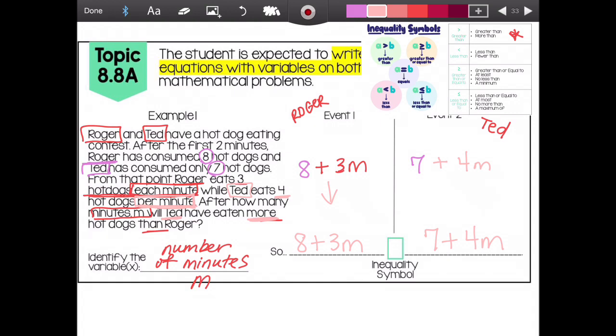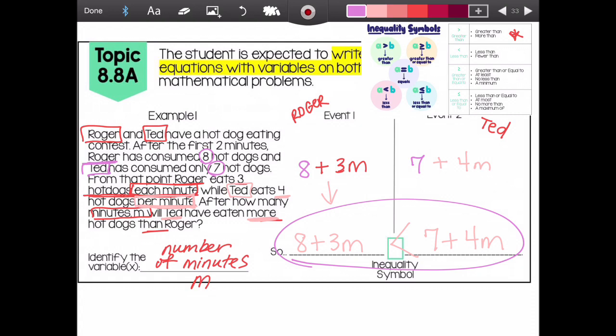Ted has eaten more, so this has to be open towards Ted. Again, the mouth opens to the greater side. So here's our inequality statement: 8 plus 3m is less than 7 plus 4m.